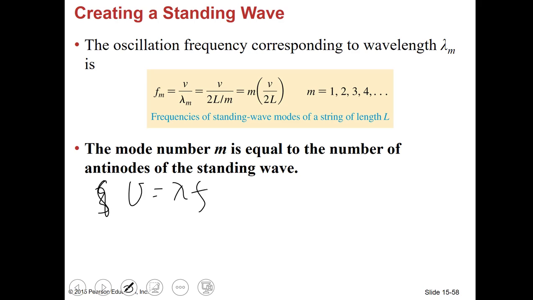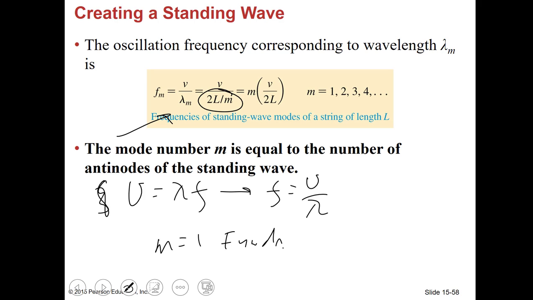If you solve for the frequency, you'd have the speed divided by the wavelength. That's how the frequency and the wavelength are related to each other in terms of the speed. But now we can put in this new bit, that the wavelength is 2L over M. So there are multiple frequencies. There's the fundamental frequency. When M is equal to 1, that's called the fundamental frequency.